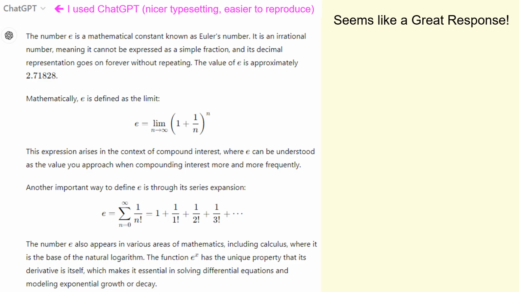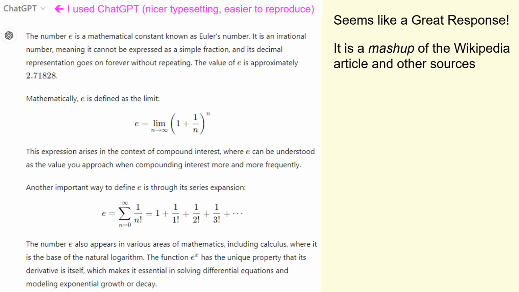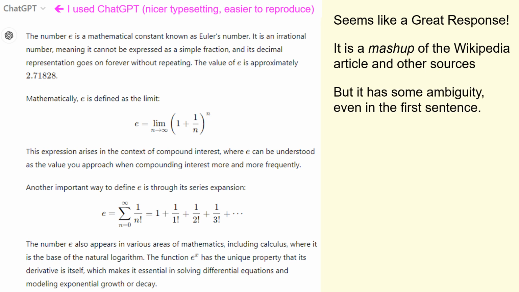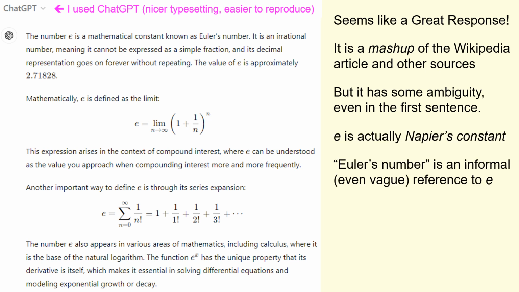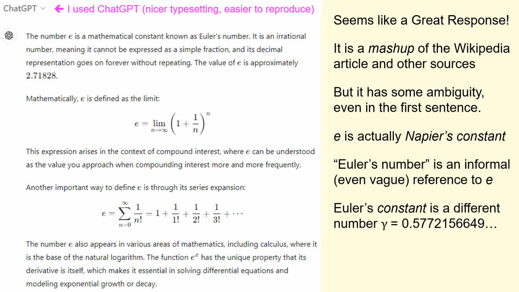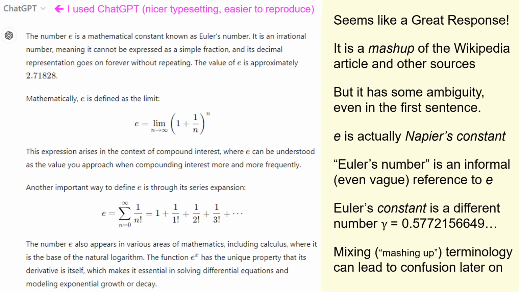It looks pretty good. It's a mashup of Wikipedia articles and other sources, but it has some ambiguity even in the first sentence. You see, E is actually called Napier's constant. Euler's number is an informal, vague reference to E. Euler's constant is a different number. It's gamma, which is about 0.577.